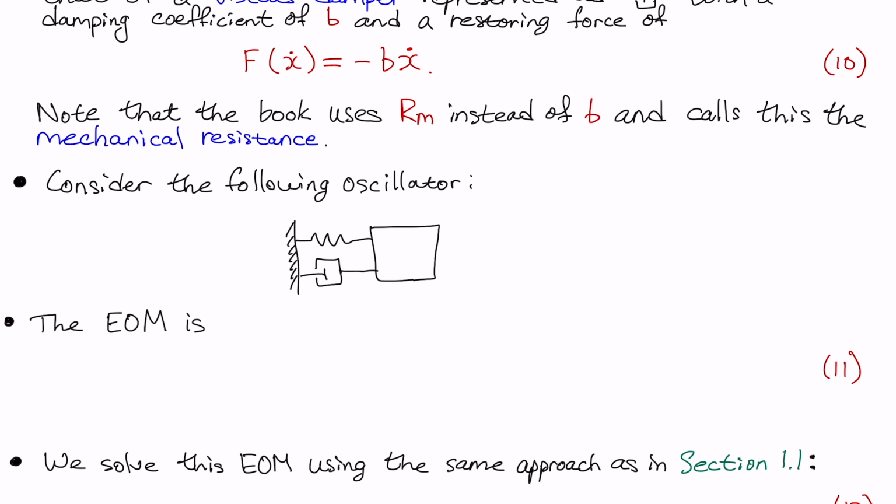If you're wondering what the damping symbol represents, it actually represents a piston in a cylinder, and you can imagine that there's some type of viscous oil in that cylinder, and the piston is compressing and pushing that oil around, and that's where this viscous damping term comes from. So we'll have a spring coefficient or stiffness K, damping coefficient B, oscillator's mass M, and again, we're going to measure the motion with x of t here.